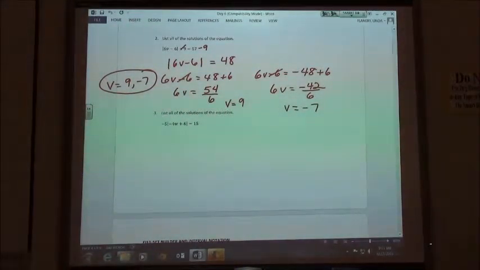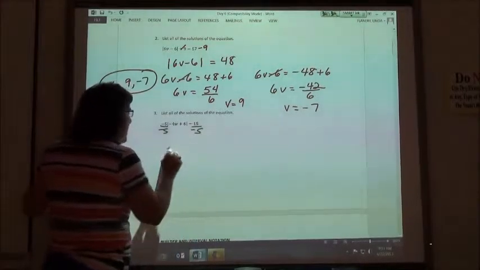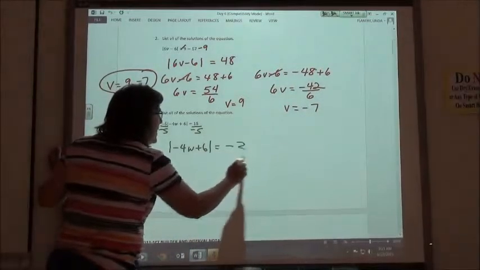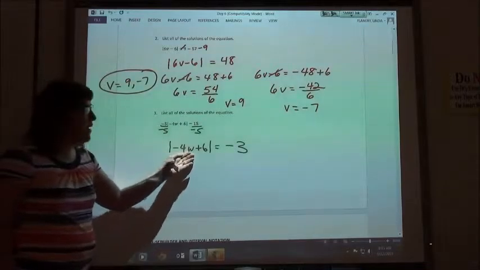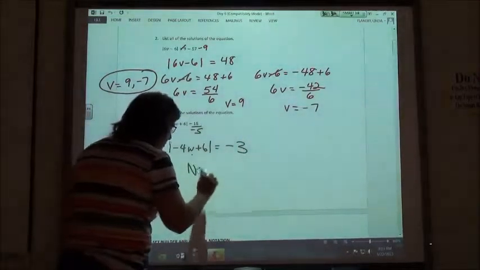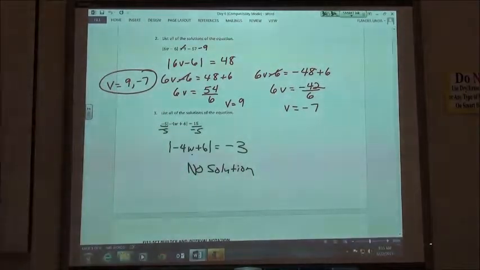On the third one, I'm getting rid of my coefficient, so I have to divide by that negative 5. The absolute value of negative 4w plus 6 then equals negative 3. When I look at that, I say, oh, absolute values can't equal a negative number, so right away I know there's going to be no solution there.